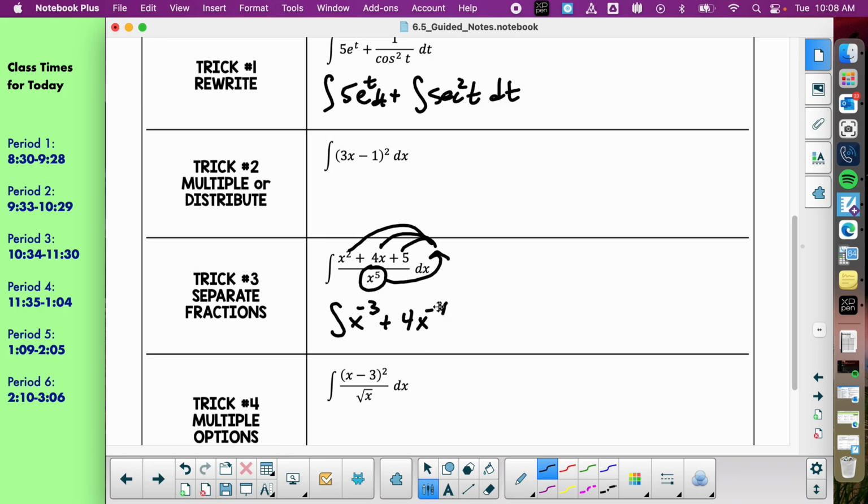And then 5 over x to the 5th would be 5x to the negative 5. That's how I was taught it. I realize a lot of you like to bring that up and multiply it out. You'll get the same answer. But this bottom one is the only one you'd be able to integrate. You can't integrate the one up here with the fraction.